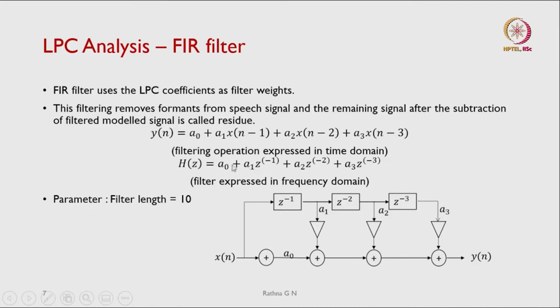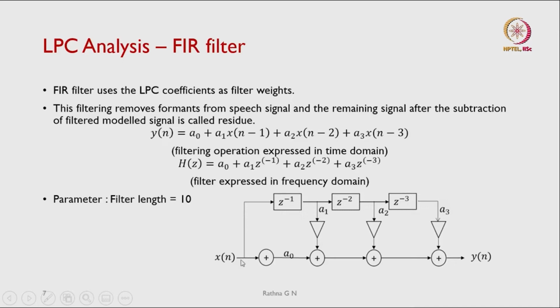So, y of n is a naught, plus a 1 into x of n minus 1, where x is the input, plus a 2 into x of n minus 2, plus a 3 into x of n minus 3, and this is expressed in the time domain in this fashion. In the z domain, as you can see, H of z is given by a naught plus a 1 into z minus 1 plus a 2 into z minus 2 plus a 3 into z minus 3, and the filter length chosen is 10.